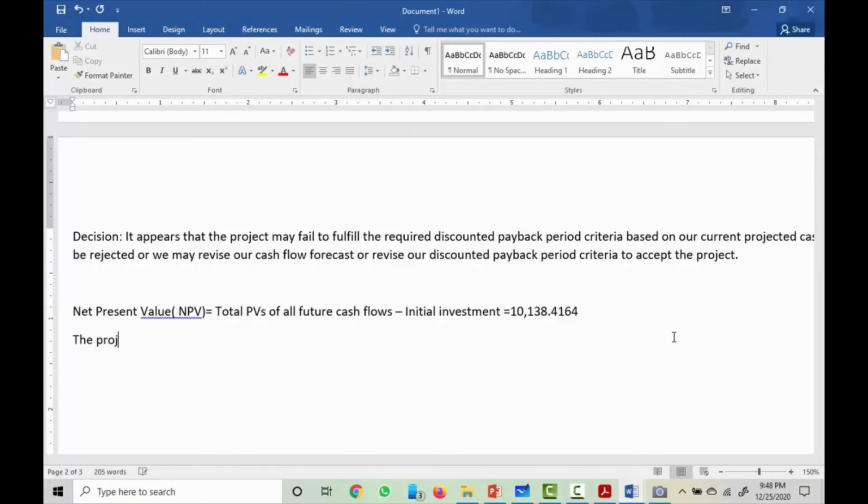That means the project will generate enough cash flows not only to fulfill the required return of 15%. We needed 15% return from the project.